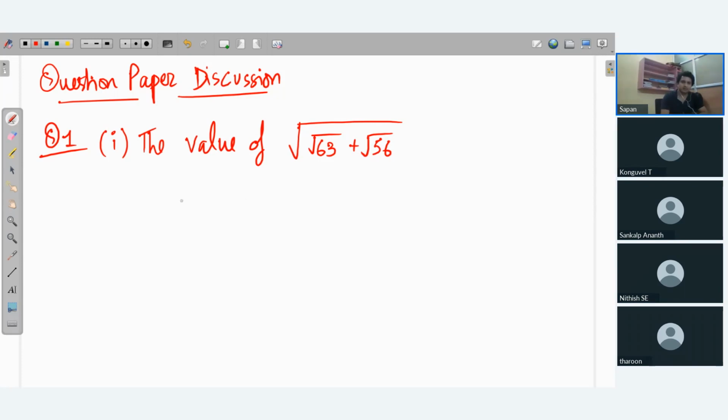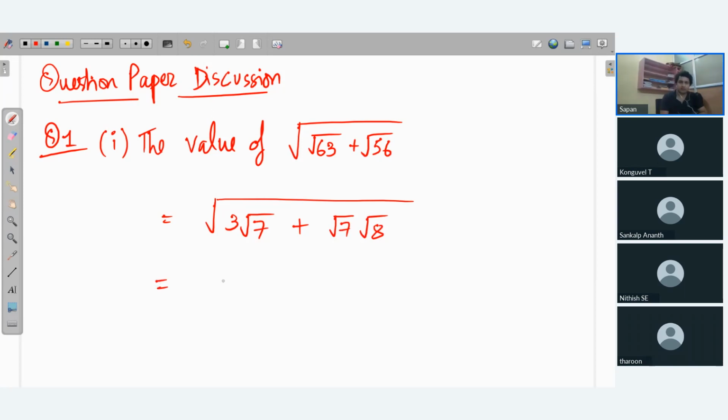It's nothing difficult. It is the square root of 7 into the square root of 9 means 3 root 7. Then square root 7 and square root 8.